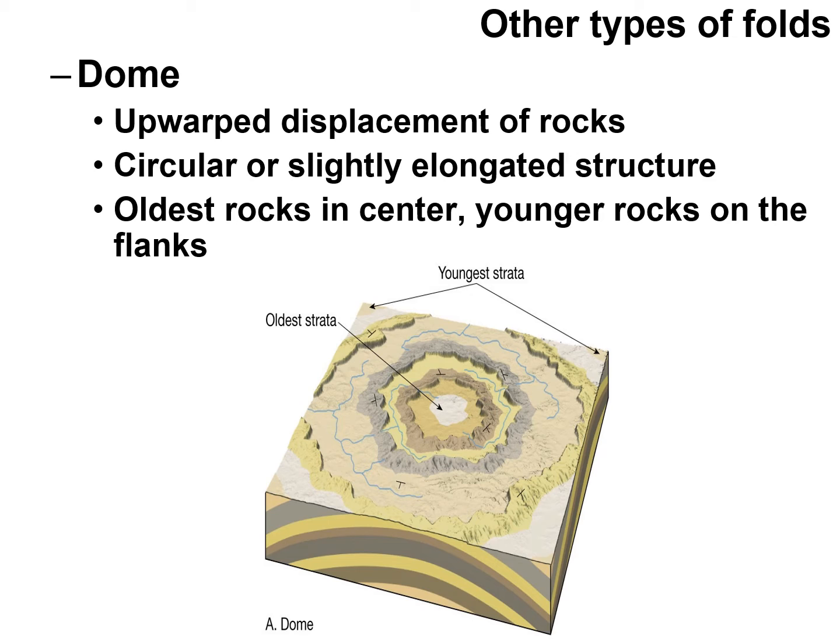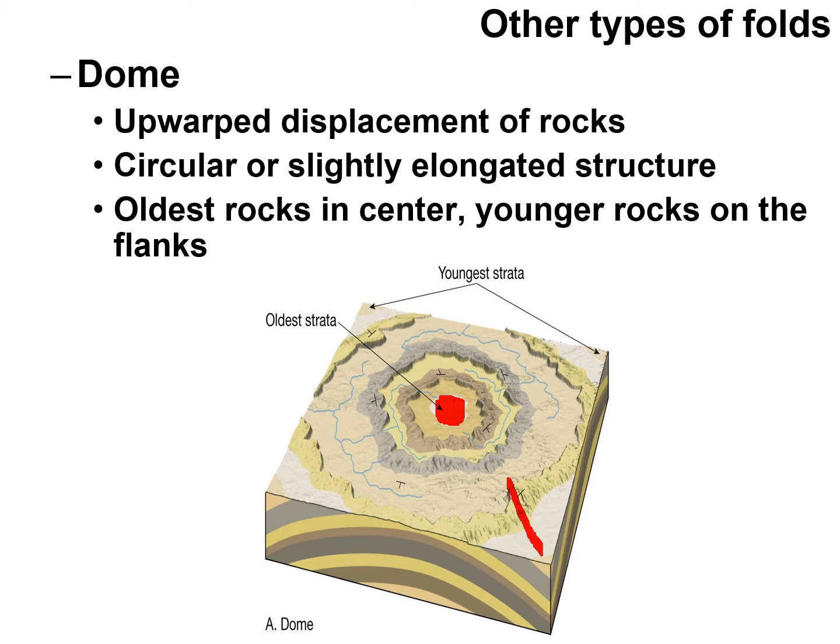Now a dome, you can think of that as an anticline that's just plunging on both ends. So it's really tightly packed like that. Now as a dome erodes, you'll tend to get, again, the oldest rocks exposed in the very center there, kind of forming a bullseye pattern.